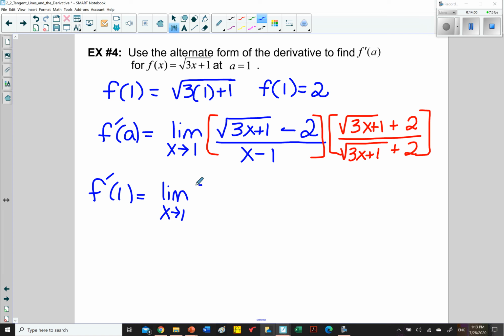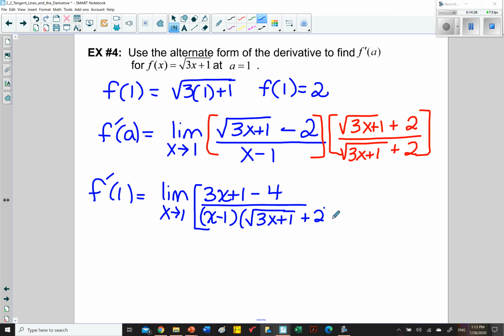Okay, and then if we multiply by distributing this term to this term, I'm going to end up with 3x plus 1. Outside and inside are 0, and then the last terms give me negative 4. And I'm not going to touch the bottom. I've got x minus 1 times the radical 3x plus 1 plus 2 in that quantity.